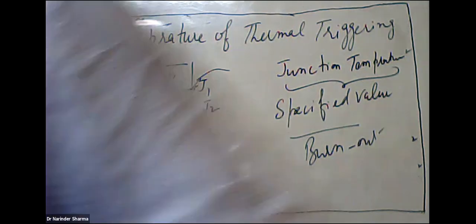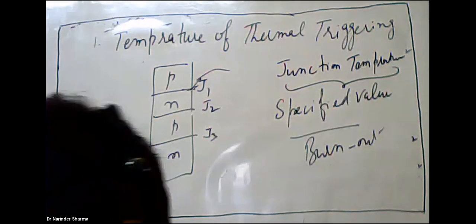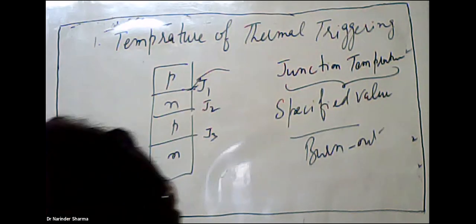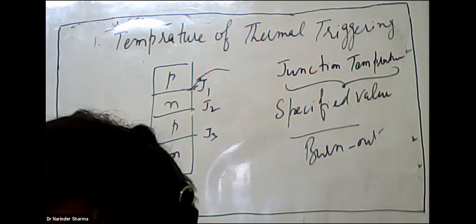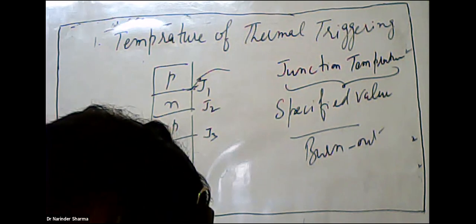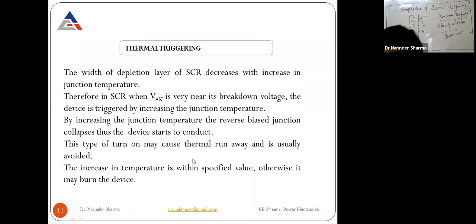So in thermal triggering, what you have to remember is that the depletion layer decreases with the increase in junction temperature, and the temperature should be in the specified range, otherwise it will get burned. Because thermal runaway will occur, that's why it is called thermal triggering.